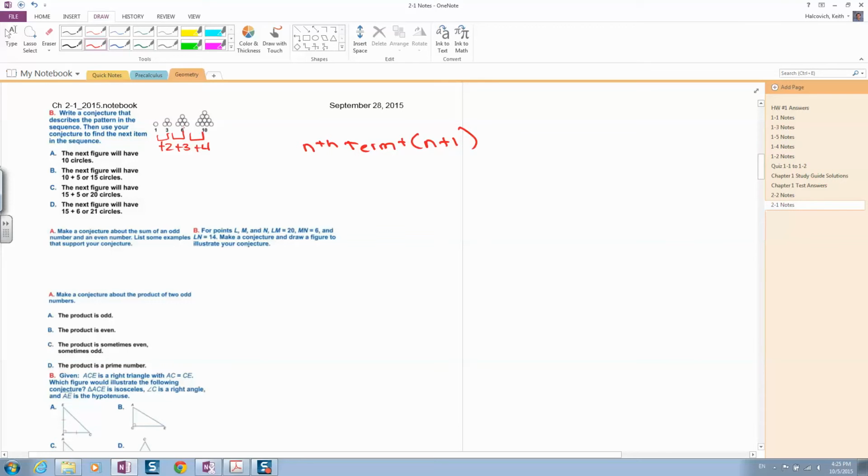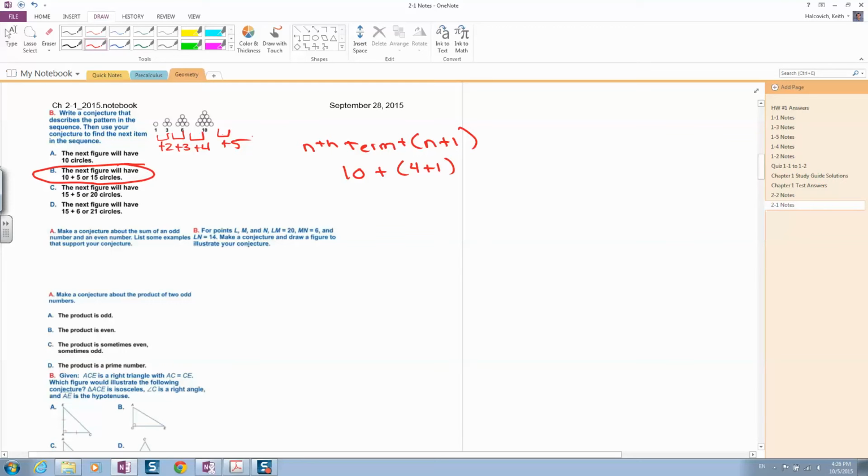So the third term is 6 plus 3 plus 1, which is 4. That gives you 10. So the 10 is the fourth term, so 4 plus 1 will give you 15. And that makes the next circle figure will have 15 because you're going to add 5.